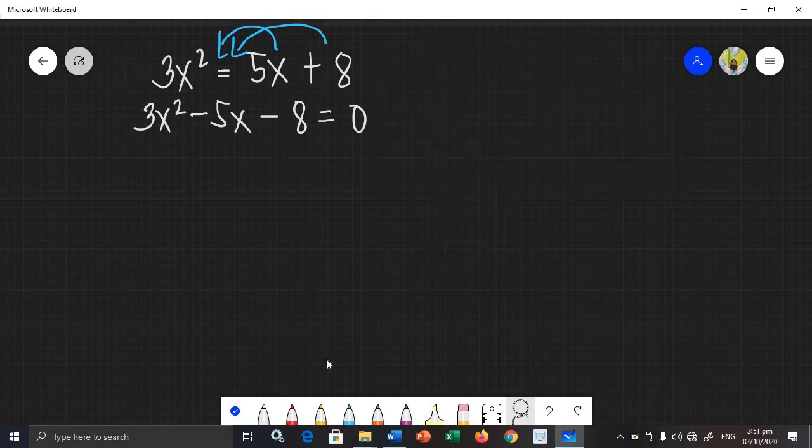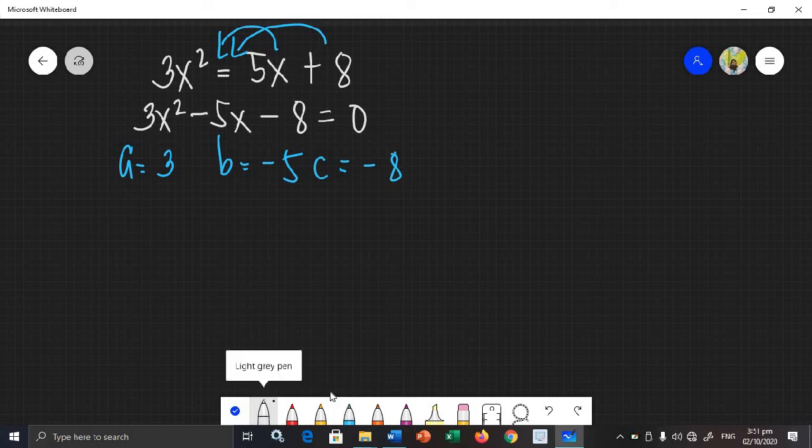And then, ayan, naligaw na tayo ng naligaw. So, the values of A, B, and C are yung A mo is 3, yung B mo is negative 5, yung C mo is negative 8.